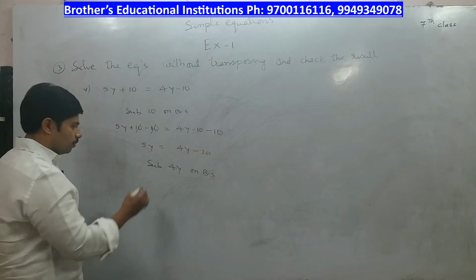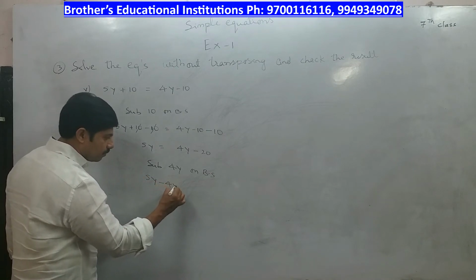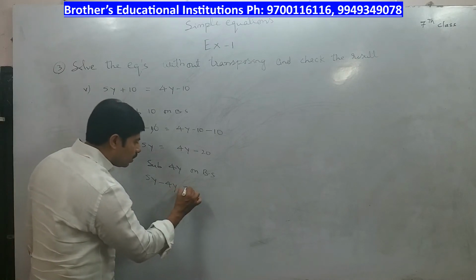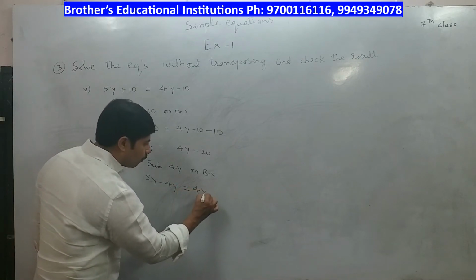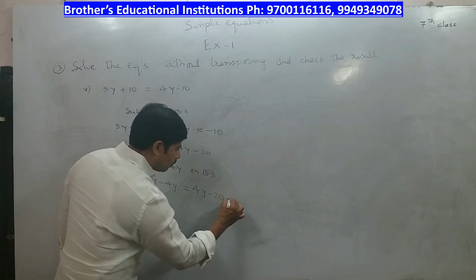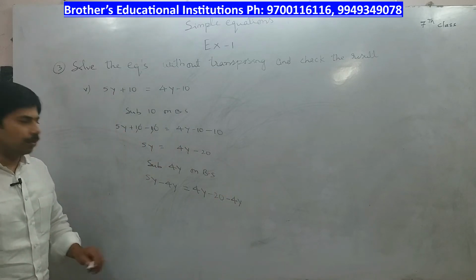So 5y minus 4y is equal to 4y minus 20 minus 4y. So I am subtracting 4y on both sides.